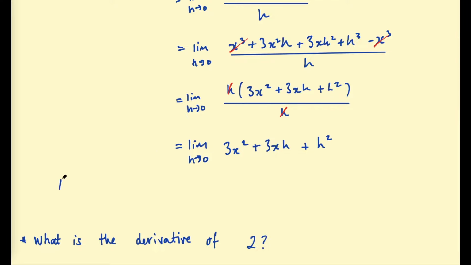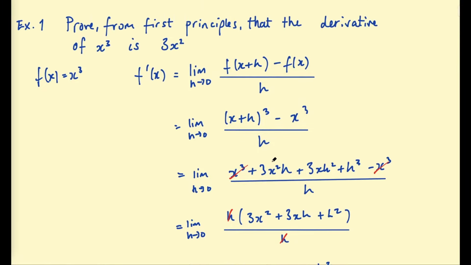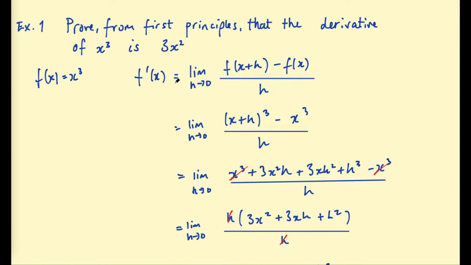So we say as h approaches 0, 3xh approaches 0. What about h squared? That is also going to approach 0. So then we can say the derivative f dash x is equal to 3x squared, which was what we were asked to show. So that was the first example.